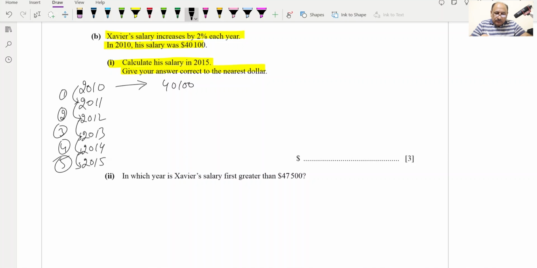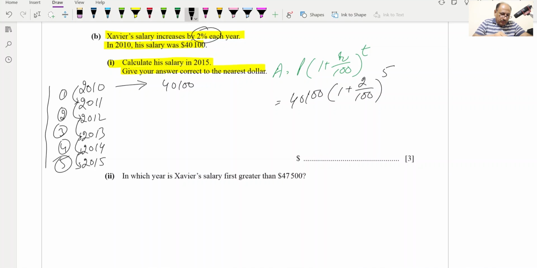So we can find this one. For the original amount, basically we are applying the compound interest formula. So A is equal to P into 1 plus r over 100, raised to the power t. This is the formula which we will be applying. So this will be 40100 into 1 plus 2 over 100. The rate is 2%, and the time duration will be 5 years, which we have shown over here.